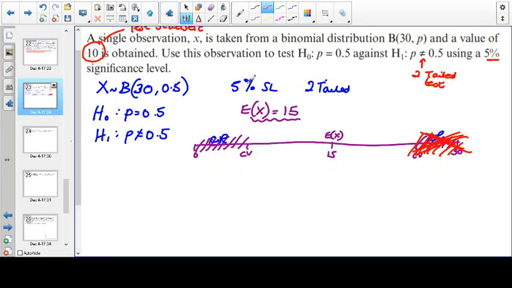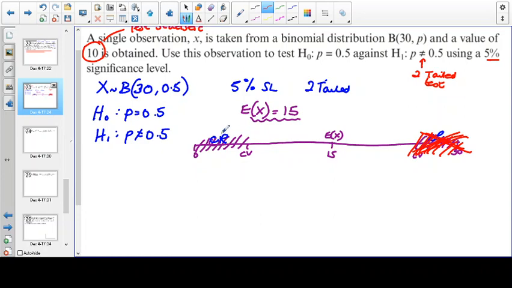Now, because we're doing 5% on one-tailed tests, all of these probabilities add up to 5%. But because it's a two-tailed test, all of these probabilities have to add up to 5%. So these probabilities need to add up to 2.5%.